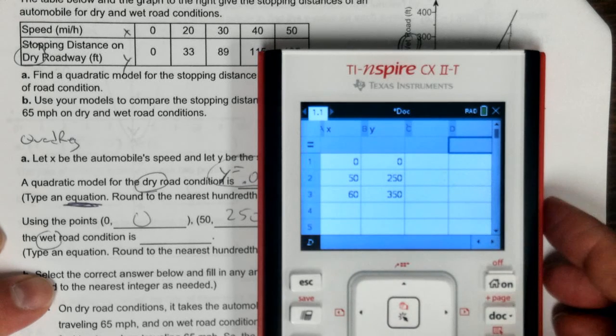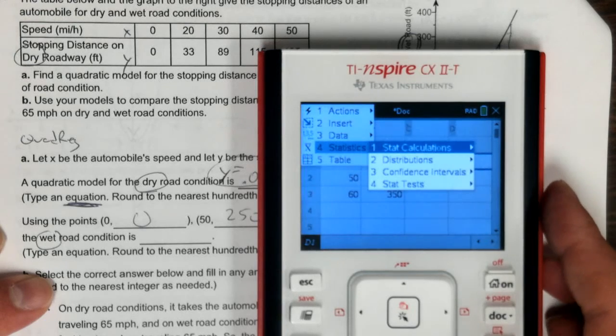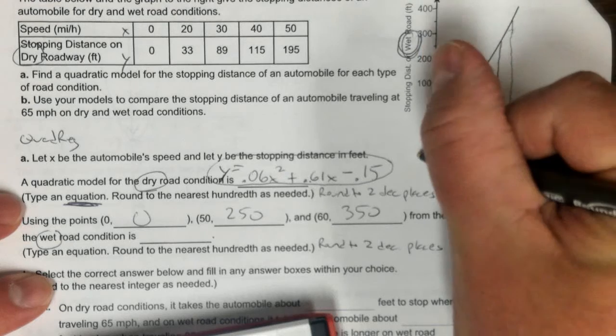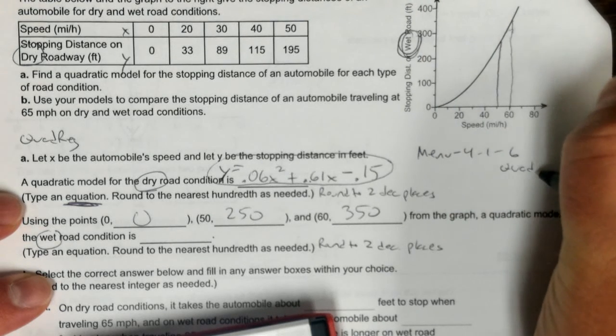And again, do a quadratic regression. Menu 4, 1, 6. So again, menu 4, 1, 6 is quadratic.